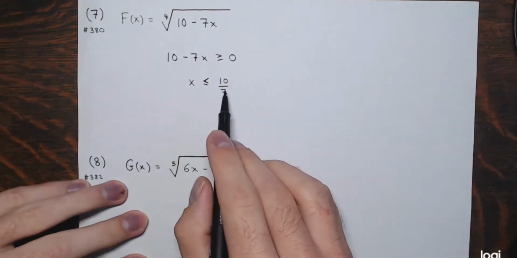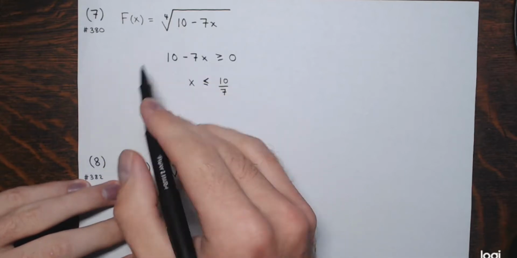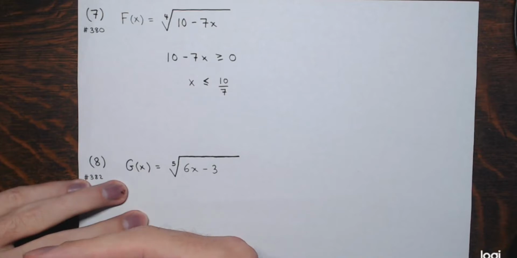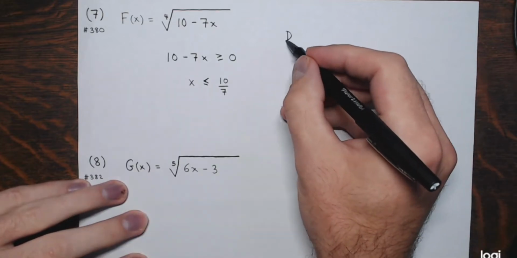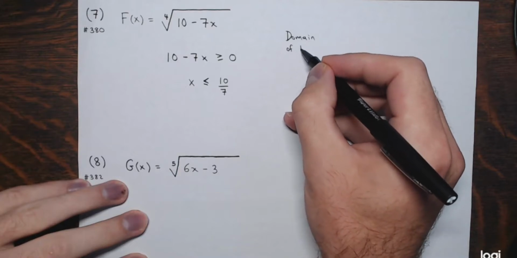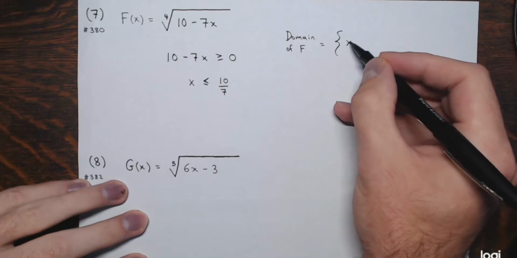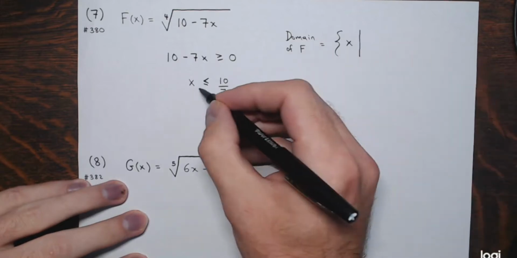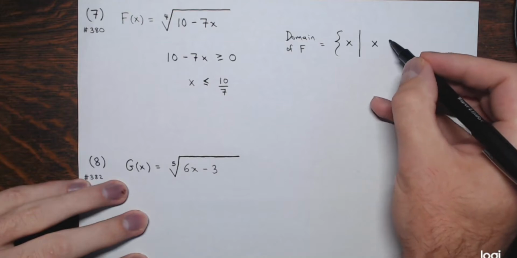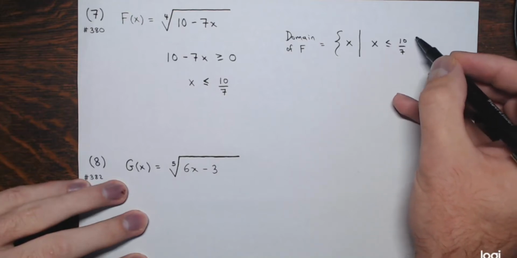Anything greater than this, I'd be taking the fourth root of a negative number, which would be non-real. I wouldn't have any ordered pairs to plot. So the domain of capital F here is, I can plug in anything for x I wish, as long as it's a number less than or equal to 10 sevenths.